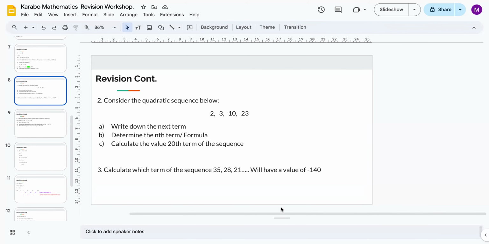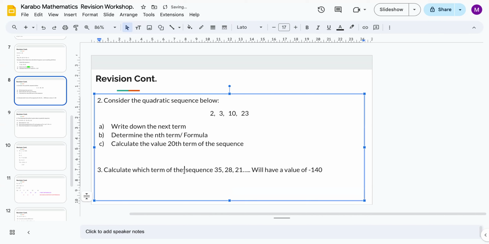And then number 3, we have the question, calculate which term of the sequence 35, 28, 21 will have a value of minus 140. Let me specify that this is an arithmetic sequence. So which term of the arithmetic sequence 35, 28, 21 will have a value of minus 140? So again, I'll give you guys 3 minutes to try work that out quickly.